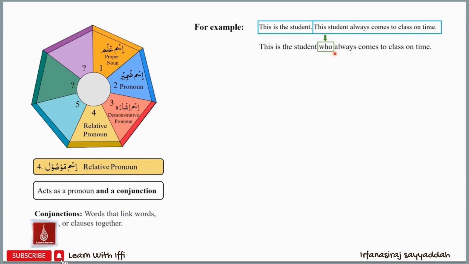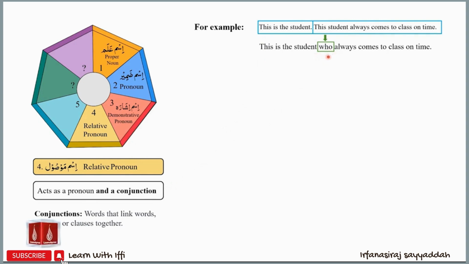The word who plays the role of the relative pronoun. On one hand, it acts as a pronoun and is used instead of this student, so that we don't have to say this student over and over again. And on the second hand, it also acts as a conjunction, meaning that it is used to join these two statements together.